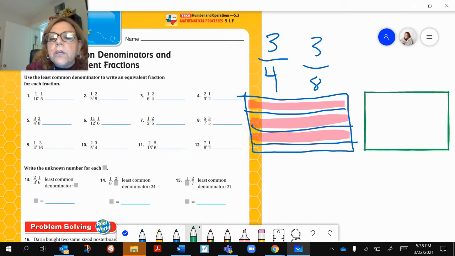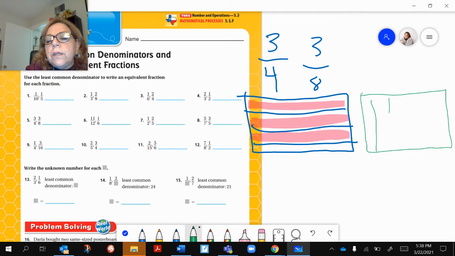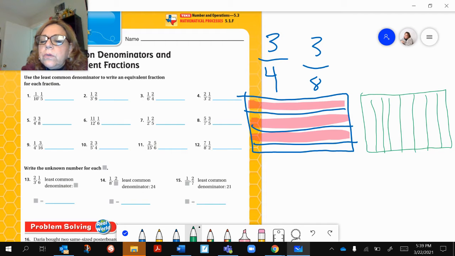8 columns, I sure hope it doesn't do this to me. 1, it did. So I'm going to tell it, command, I want the sloppy stuff. 1, 2, 3, 4, 5, 6, 7. So I now have 8. 1, 2, 3, 4, 5, 6, 7, 8 columns.